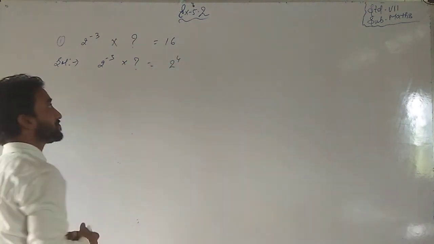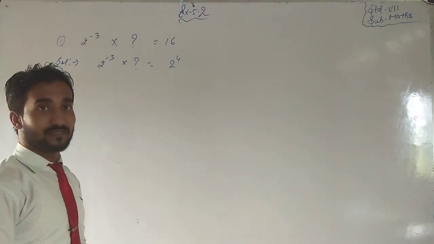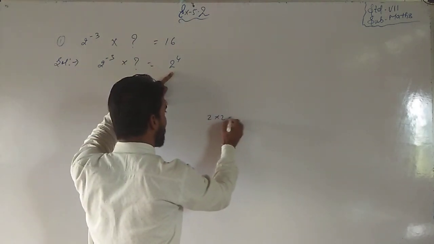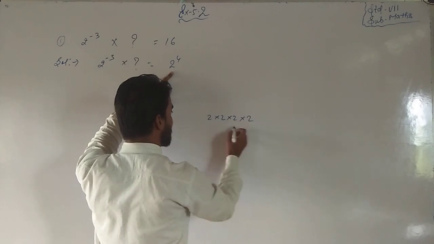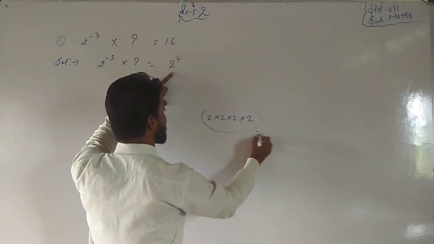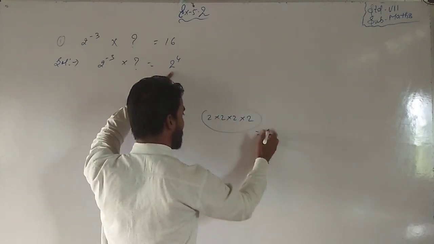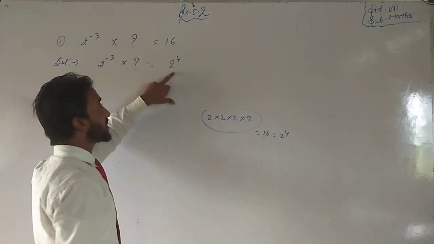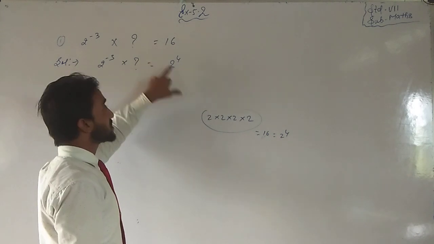Sure. 2 to the 4 is 2, 4, 8, 16. Instead of 16 we can write 2 to the power 4. Are you getting my points?